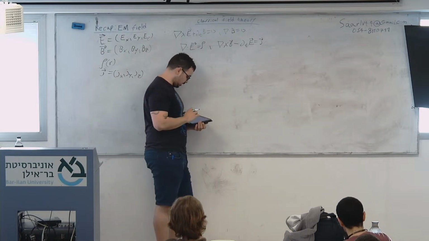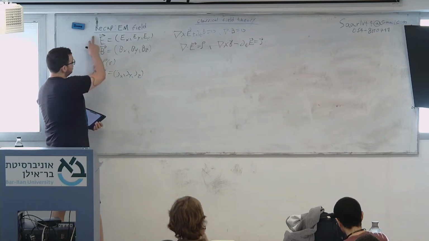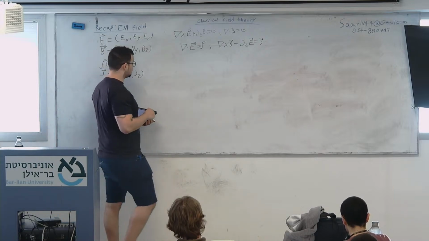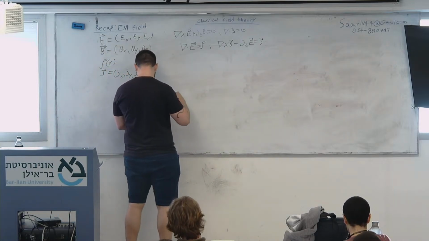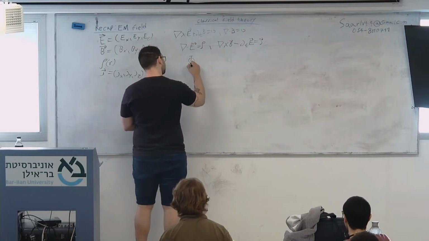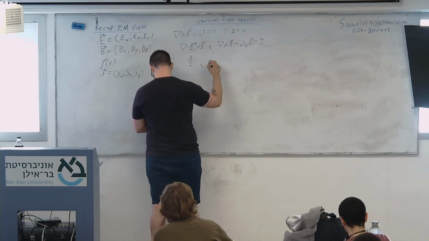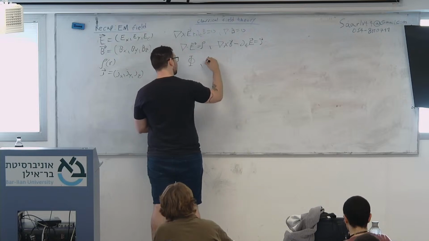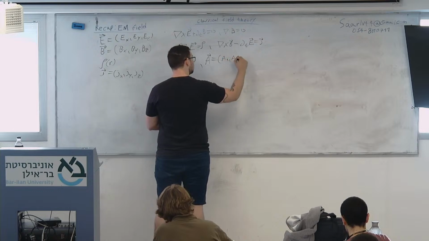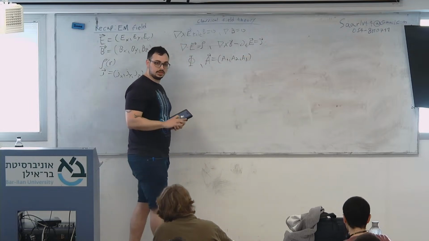Last thing that I want to do before we go into the actual subject is that we can minimize those 6 degrees of freedom into just 4 by using the electric potential phi and the vector potential A. I might write 1, 2, 3 or X, Y, Z, but it's the same.